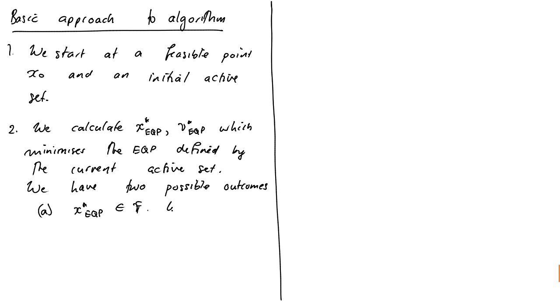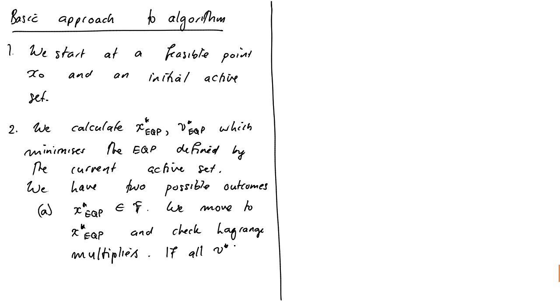So we move to x star and check the Lagrange multipliers. If all of them are greater than 0, then we can stop. We're finished.